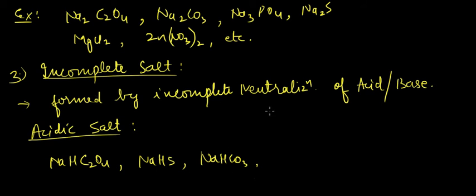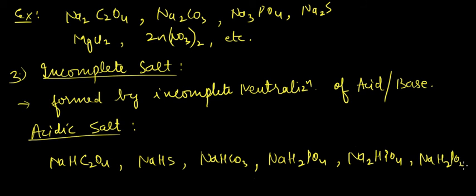So these all are formed by incomplete neutralization, hence incomplete salt is their name. NaH2PO4, Na2HPO4, we can also have NaH2PO3, etc.